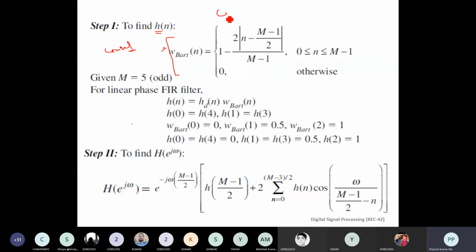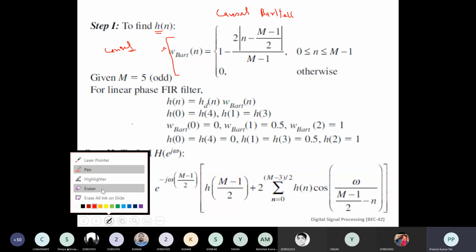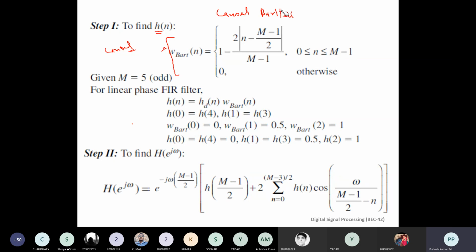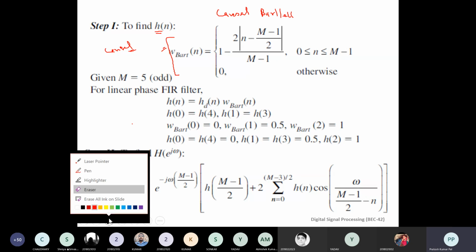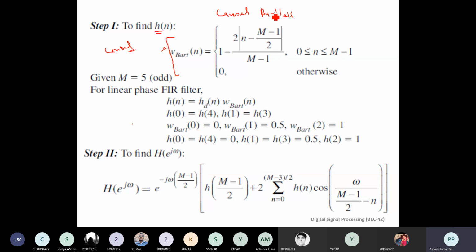So this is your causal Bartlett window. Because it is defined in the positive frequency range, we basically have to use the causal form all the time.